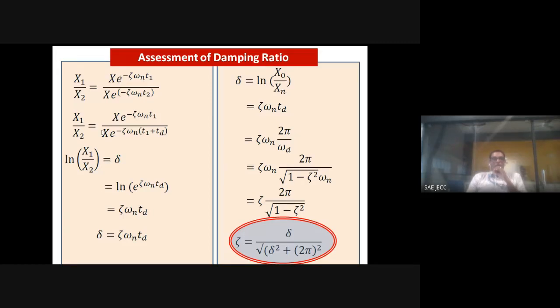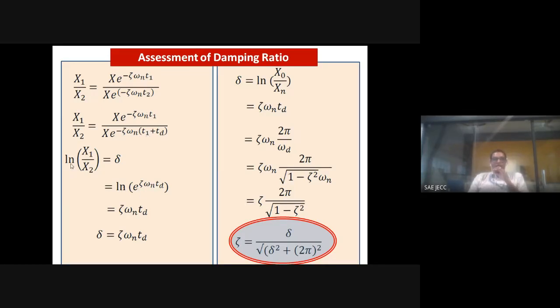Now, t2, the time in the second cycle, is the time for the first cycle plus the time for one more cycle, TD. So what is there on the right side? It is only e to the power of zeta omega n TD, because all other terms will cancel out. This e raised to negative zeta omega n t1 in the denominator and numerator will be cancelled out.